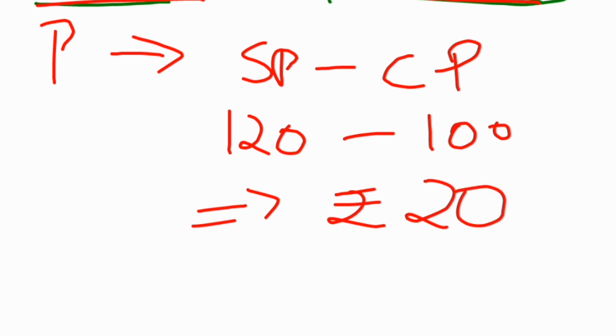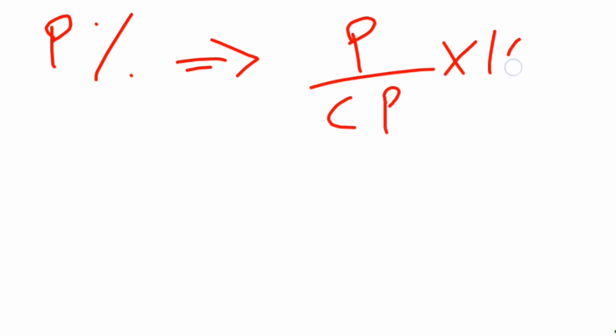Now we will calculate its percentage, that is what profit percent you have earned in your business. So there is a formula for profit percent which you have to learn. So profit percent means profit upon CP into 100. It's very easy, profit upon CP into 100. Repeat after me, profit upon CP into 100.